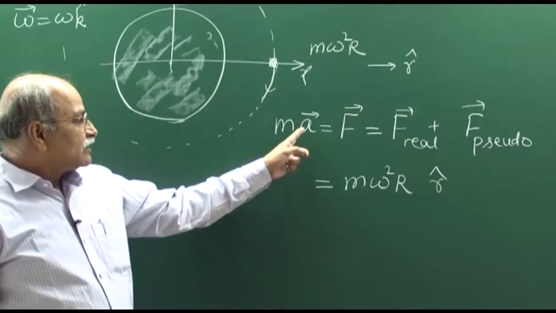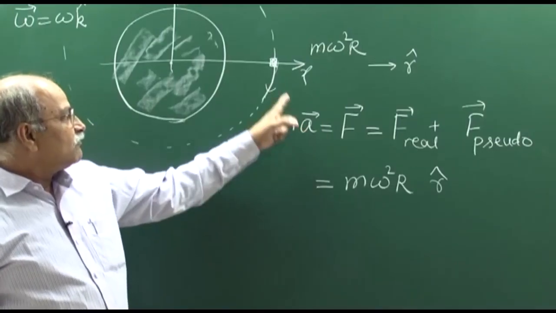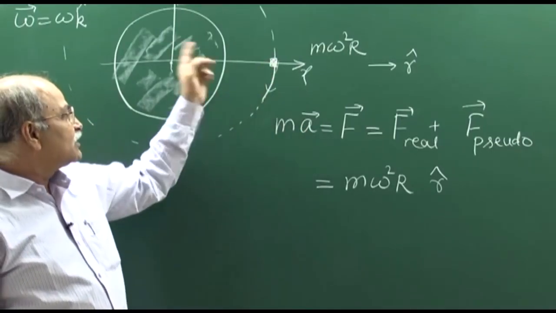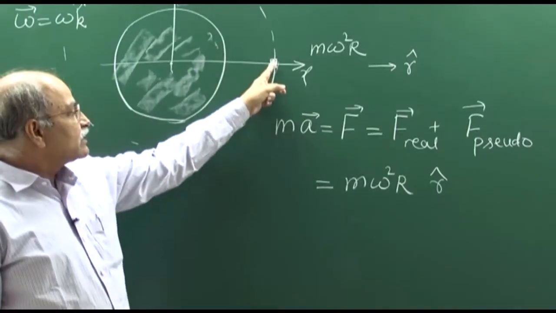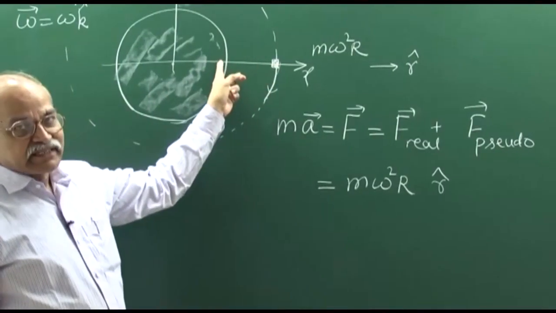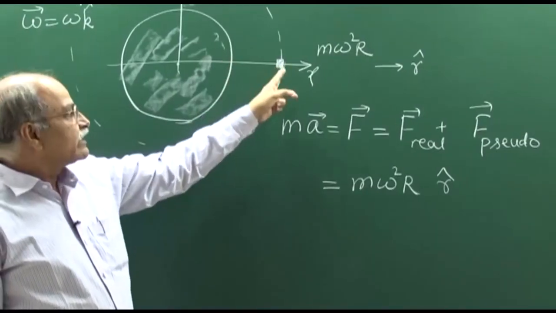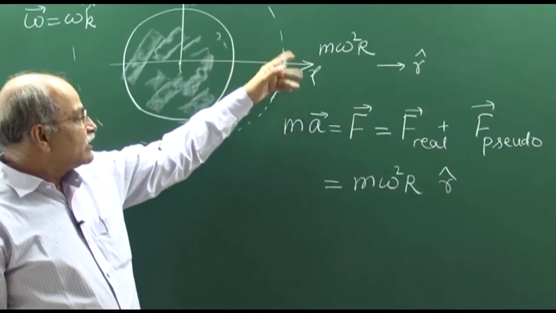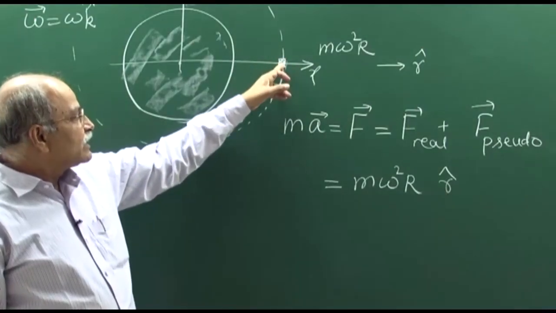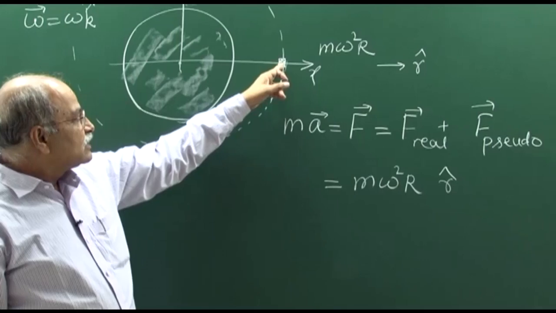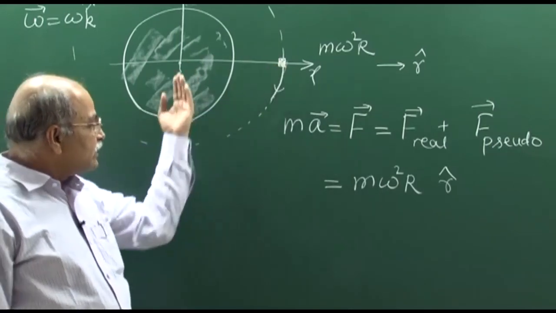But then the acceleration of this particle, as seen from this frame, is in a circular path, and therefore the acceleration has to be towards the center, and the acceleration is v square divided by r, which will be equal to omega square times r, but that will be in this direction.